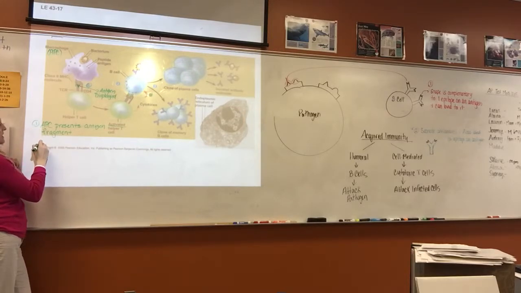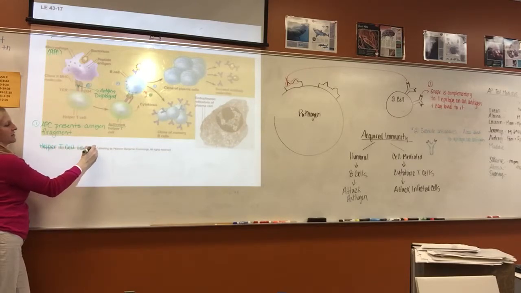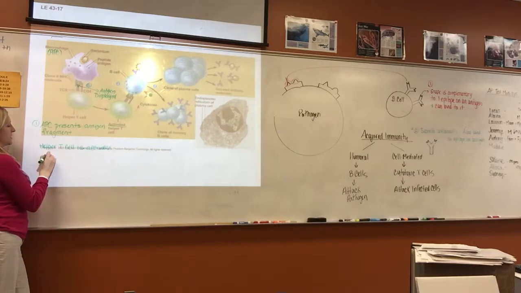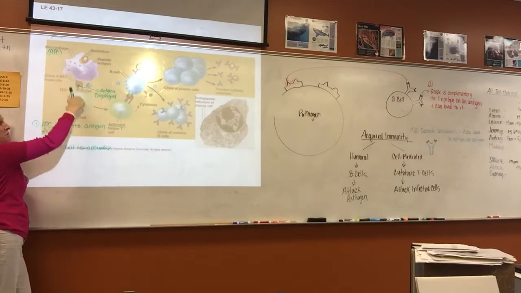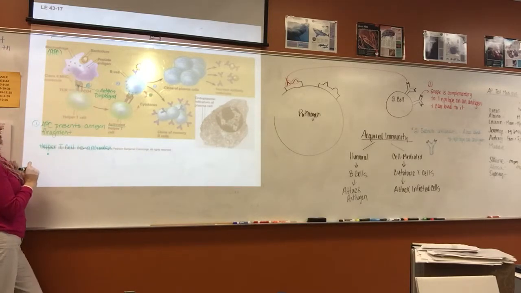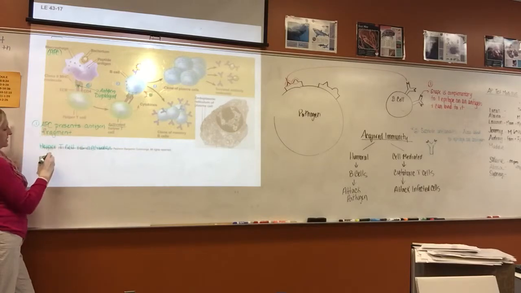So the next thing that happens underneath here is the helper T cell is activated, but it's activated by a couple of different things. It's activated by binding to the antigen displayed by the APC.